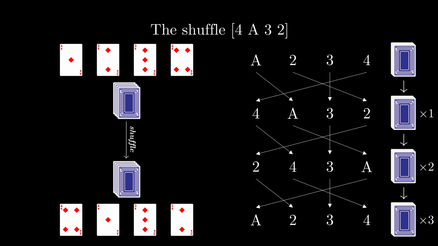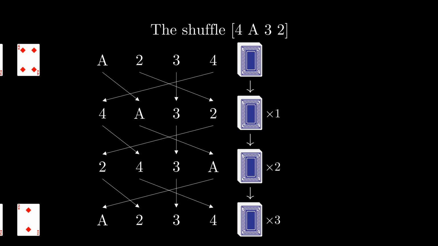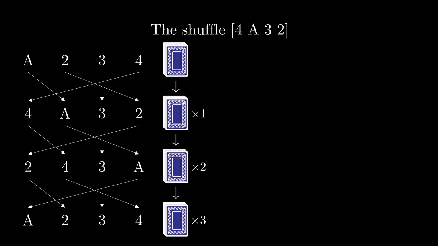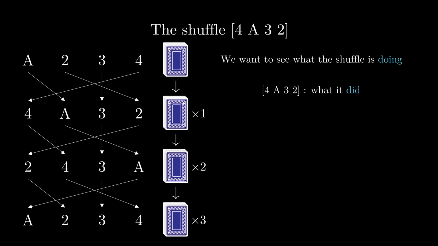To see why this happens, we need to understand the shuffle transformation better. We want to see what the shuffle is doing. Right now, we see what it did. So let's change perspective. See that right now, our square bracket notation tells us what place each card now occupies, i.e. 4 now sits where the ace was.